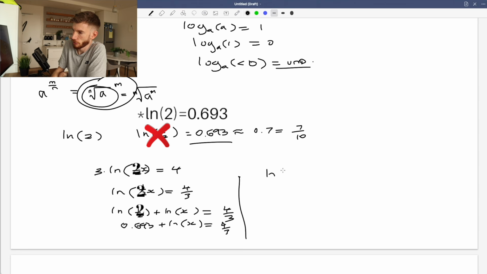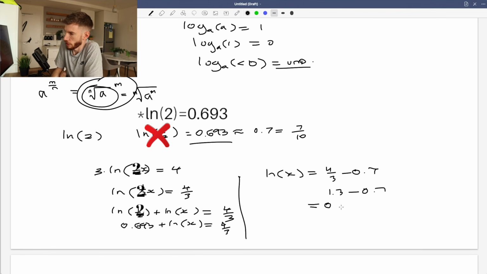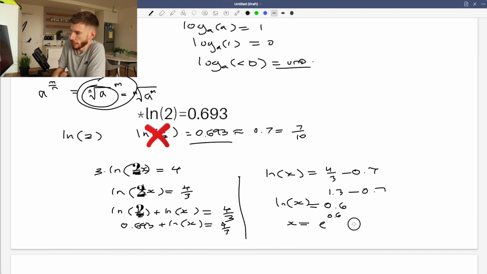So therefore we can solve for natural log of x is 4 on 3, take away, let's call it 0.7. 4 on 3 is 1.3, take away 0.7 is then going to be 0.6. And there's the natural log. And then x here might be e to the 0.6, right? Or e to the 6 on 10 or something very, very close to that. So they're all 3/5 in fact, like that.